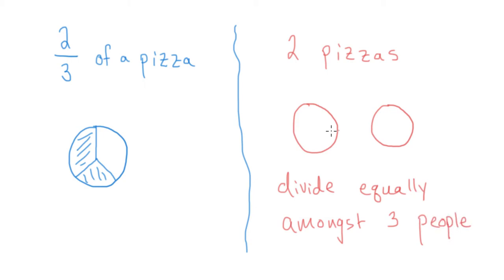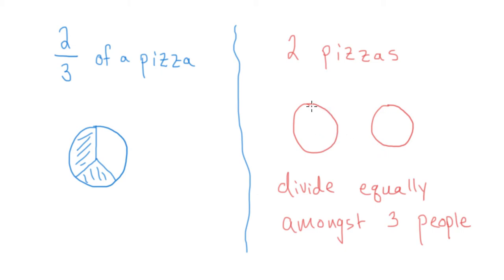And so what do I do? I have these two pizzas, and we've seen this idea before. So one thing I can do is just start partitioning up the pizzas and dividing out the pizza to the different people.